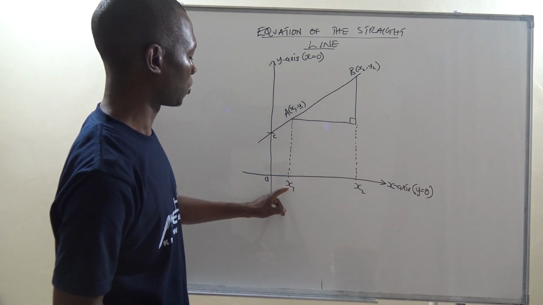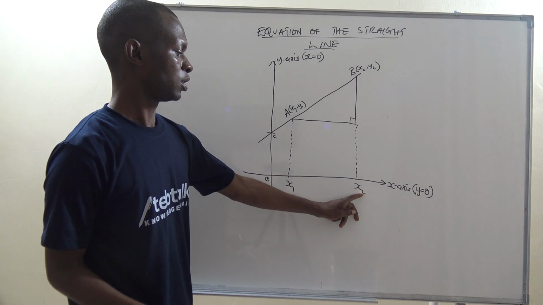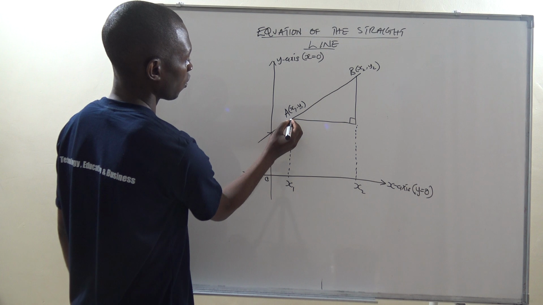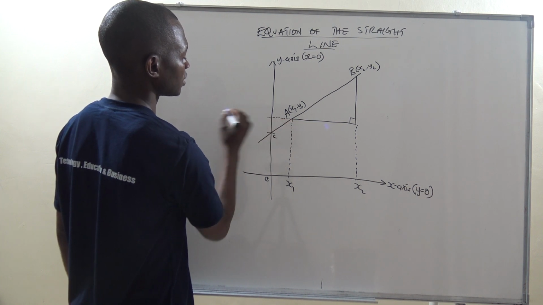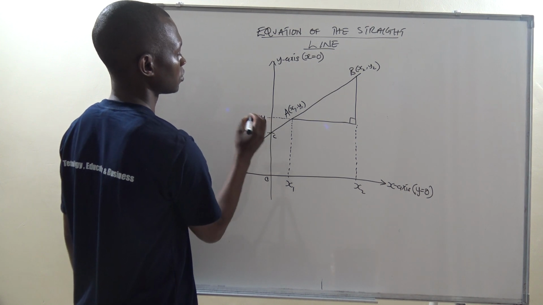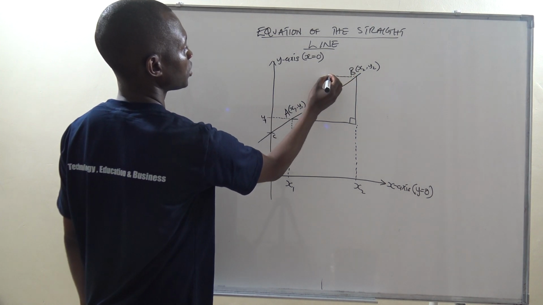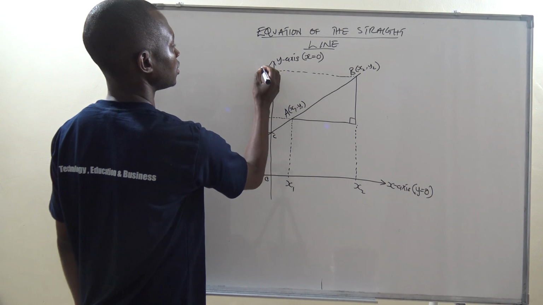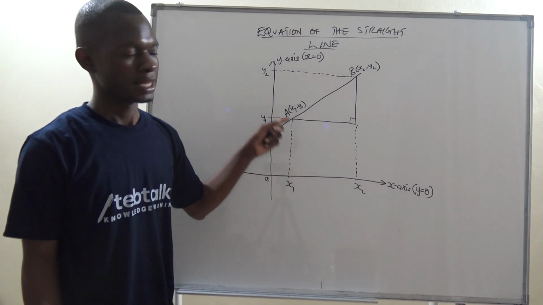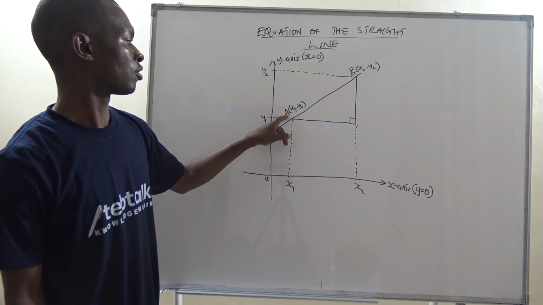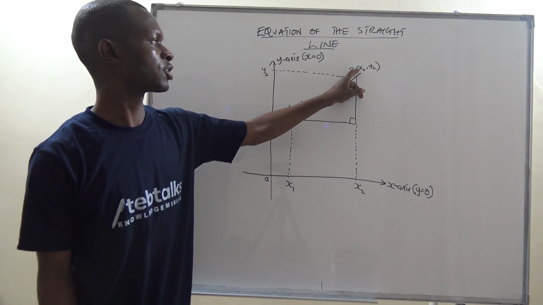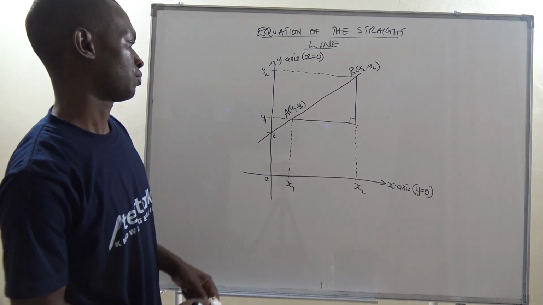This x1 can be positive 2, x2 can be positive 8. When we come to the vertical axis, this first point is y1 and the second point is y2. That's where these points A, x1, y1, and B, x2, y2 are coming from.